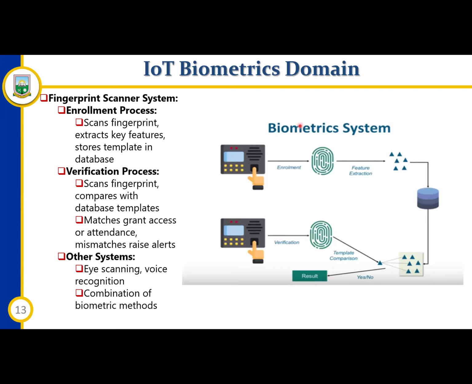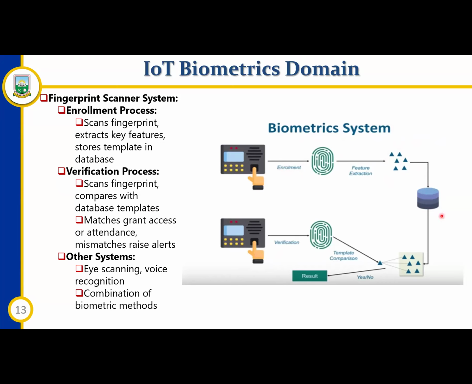At first glance, the moment a person puts his finger on the device, it goes through the enrollment process, where certain features of the finger are extracted into something we call the fingerprint template, and that template is stored here in the fingerprint database. The next time the person comes, he is not enrolling but verifying.